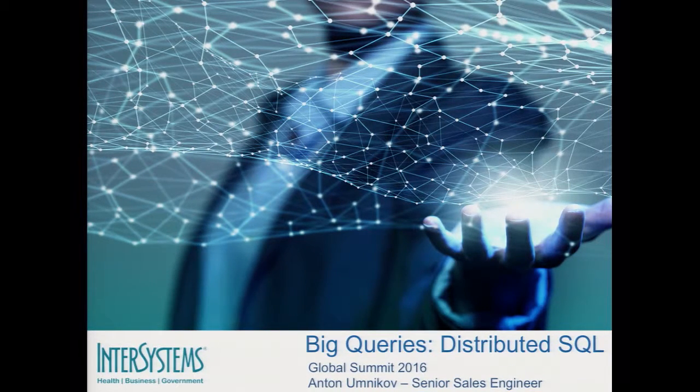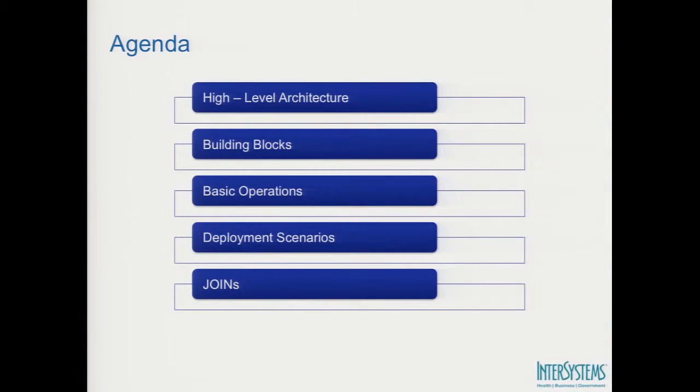Our guys at Cambridge are actively working on them. So, a little agenda for today. We'll talk about high-level architecture. We'll talk about building blocks, what let us build this distributed SQL system so easily and efficiently. We'll examine how basic operations, such as insert and select, work in this architecture.